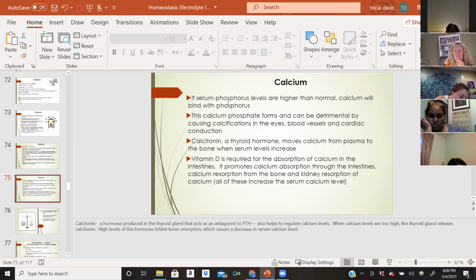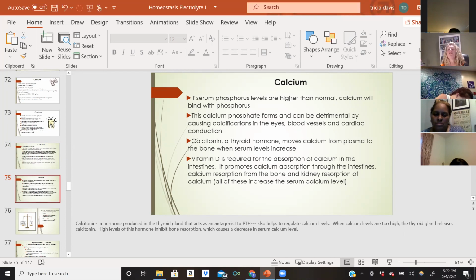So if our serum phosphorus levels, remember I said calcium and phosphorus kind of work together, are higher than normal, then calcium will bind with the phosphorus. The calcium phosphate forms and can be detrimental by causing calcifications in our eyes and our blood vessels and our cardiac conduction.